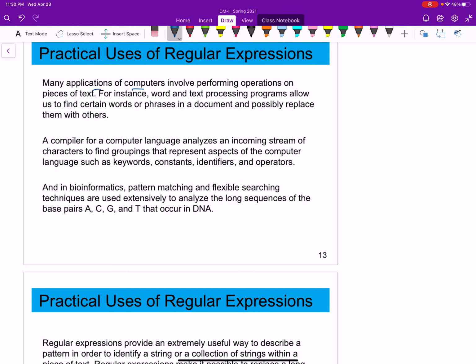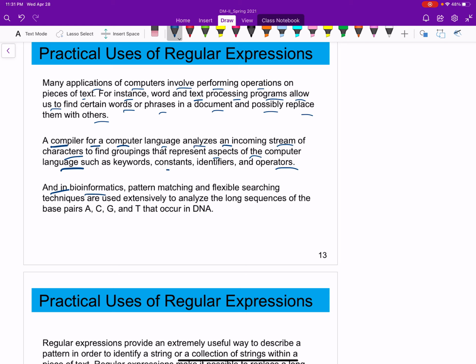Many applications of computers involve performing operations on pieces of text. For instance, word and text processing programs allow us to find certain words or phrases in a document and possibly replace them with others. A compiler for a computer language analyzes an incoming stream of characters to find groupings that represent aspects of the computer language, such as keywords, constants, identifiers, and operators.